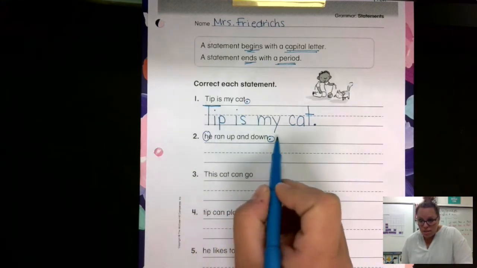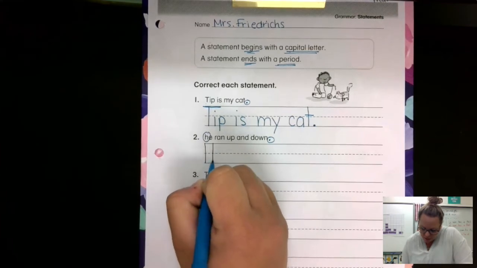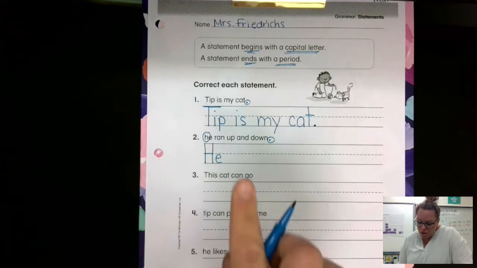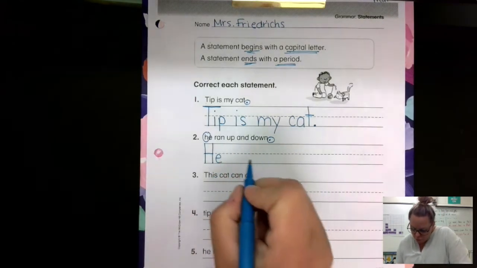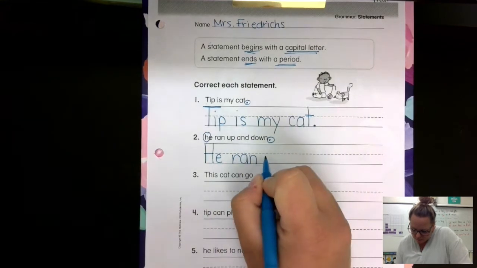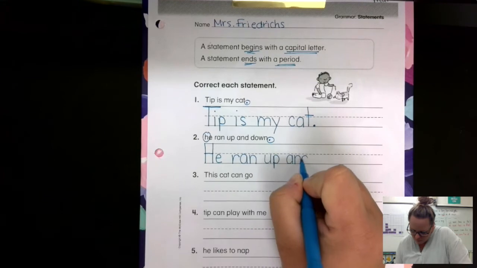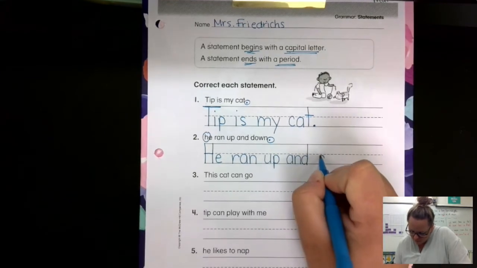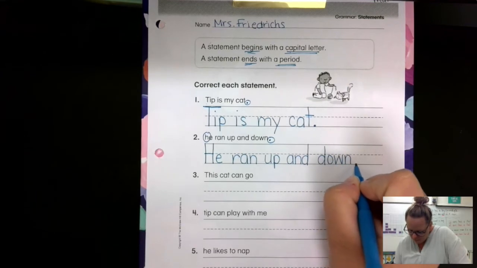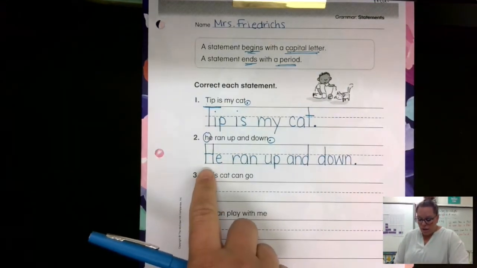Okay, so now we need to rewrite the sentence. We're rewriting it just how it is, except we need a capital H for he. And we need to make sure we have a period at the end. Make sure that you give yourself a finger space in between each of your words. Okay, capital H for he.